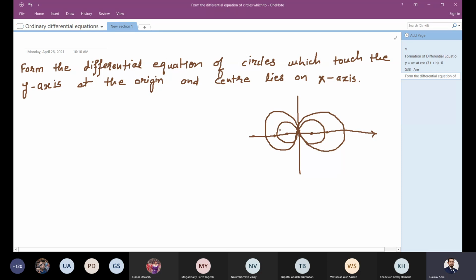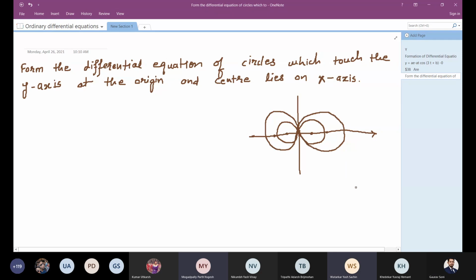Can you form the equation? So x minus h whole square plus y square equals r square.